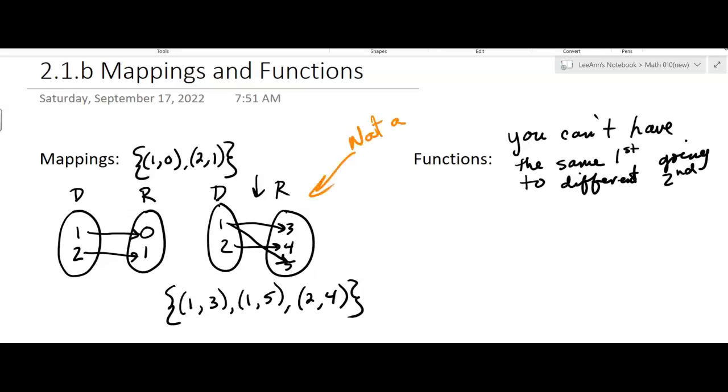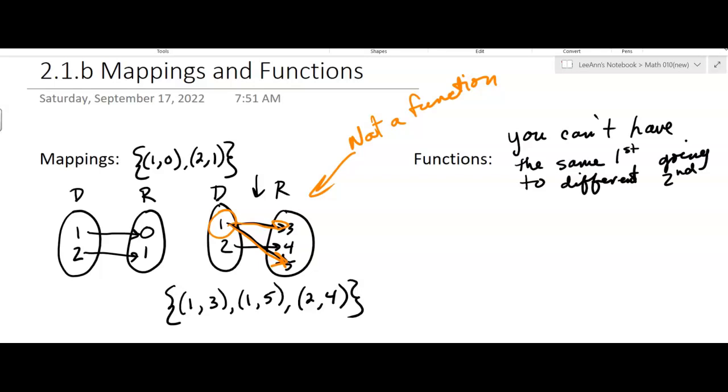It's not a function because the 1 is going to the 3 and the 1 is also going to the 5. And that's what you can't have. You can't have the first component going 2 different places, or 3, it has to only go to 1.